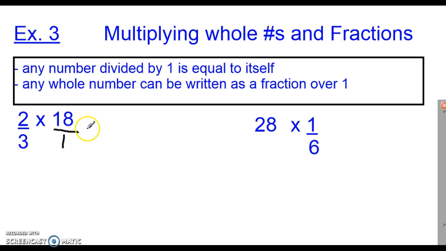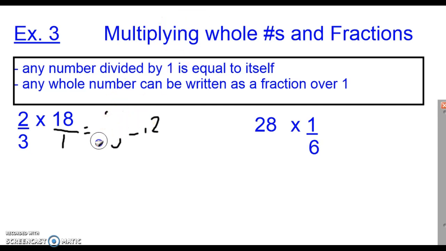There are two ways you could do it. You could multiply just straight across and do 2 times 18 equals 36, and then 3 times 1 equals 3. Then simplify: 36 divided by 3 equals 12. Or you could have simplified in the beginning.